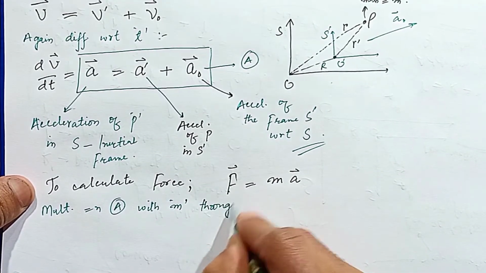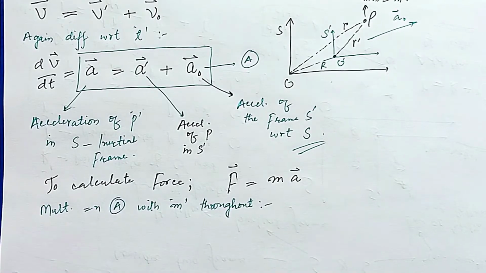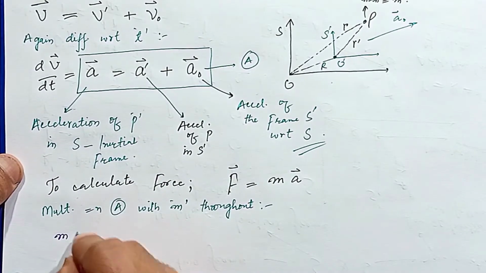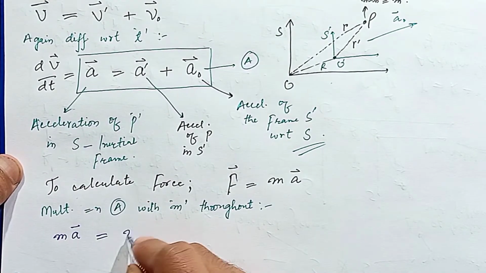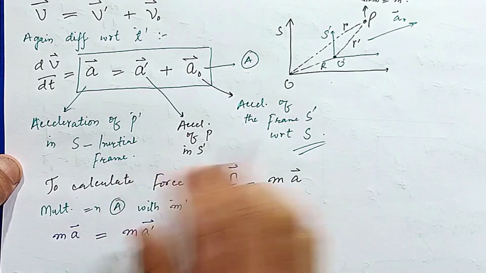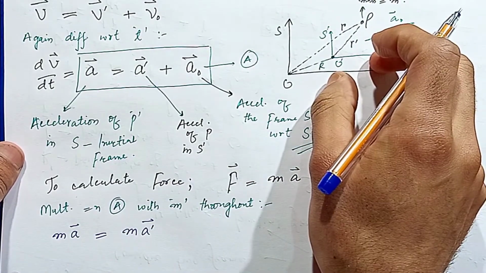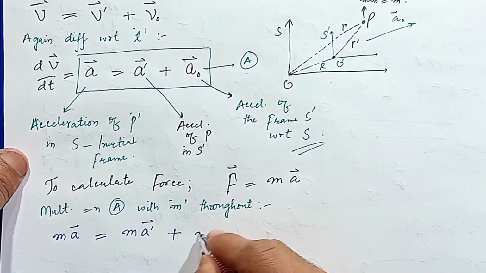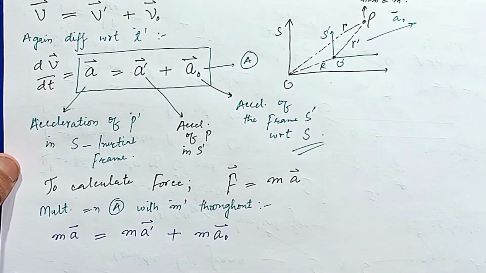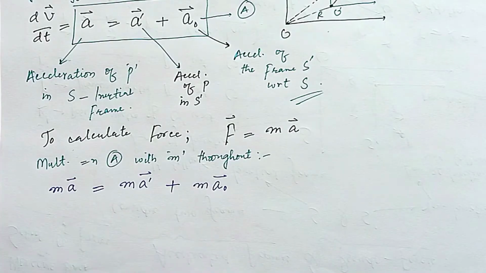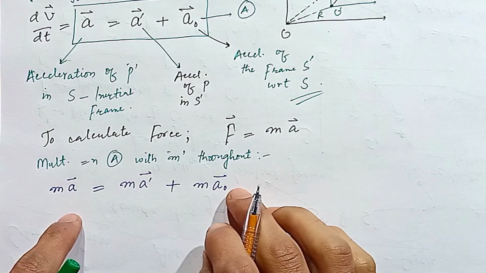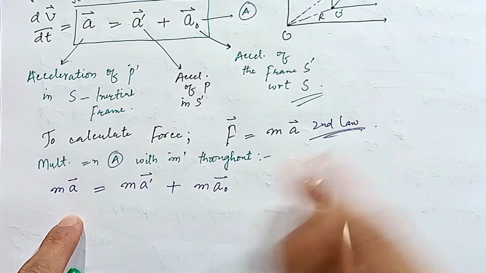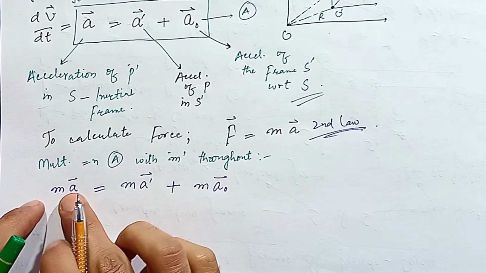So what will we get? We will get mass times a equal to mass times a prime, because mass does not change even if the particle is inside a non-inertial frame of reference, plus mass times a naught. From the second law of motion, ma is the force.